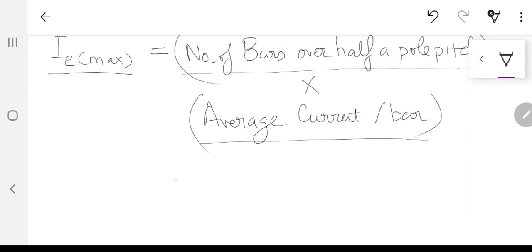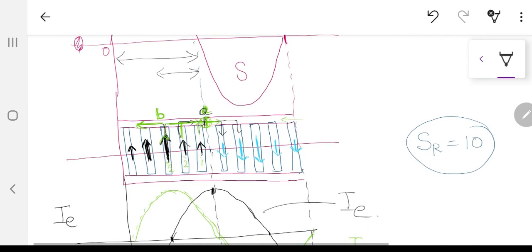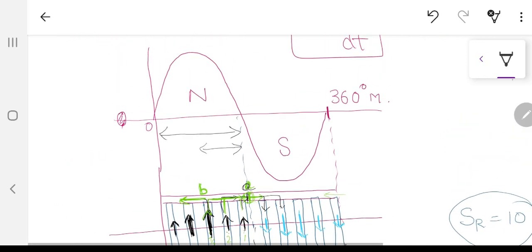If I now write this in terms of an equation, what is the number of bars over half a pole pitch? How many bars are there inside the machine? They are SR. And the number of bars per pole pitch will be SR divided by P. In this case, the number of bars was 10, and the number of poles is 2.